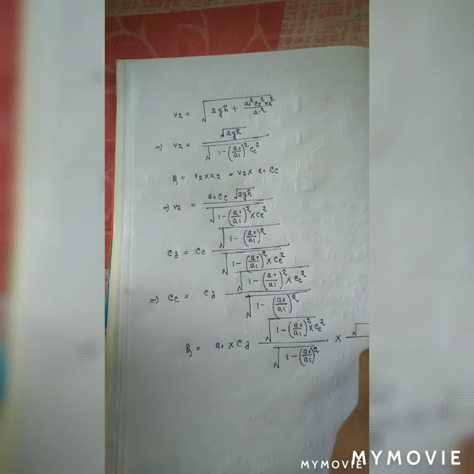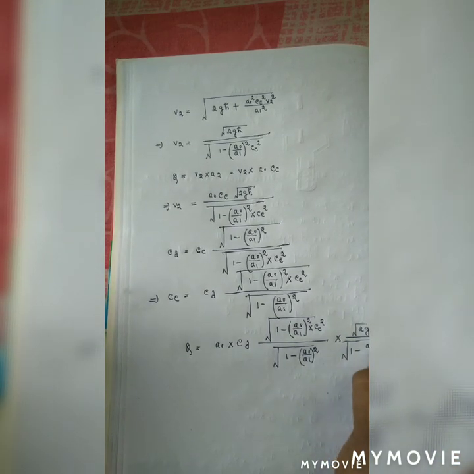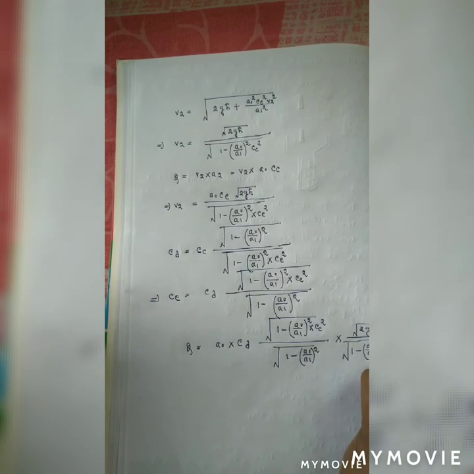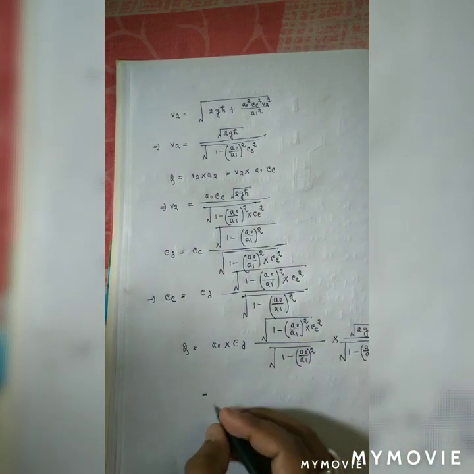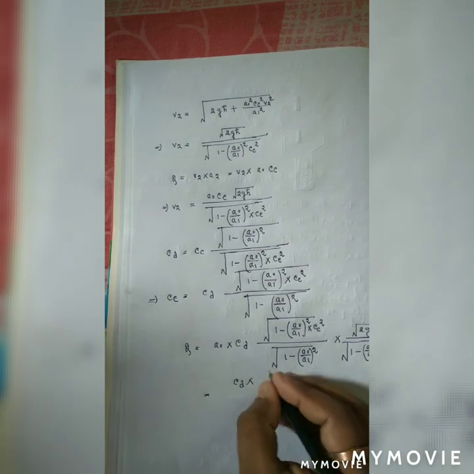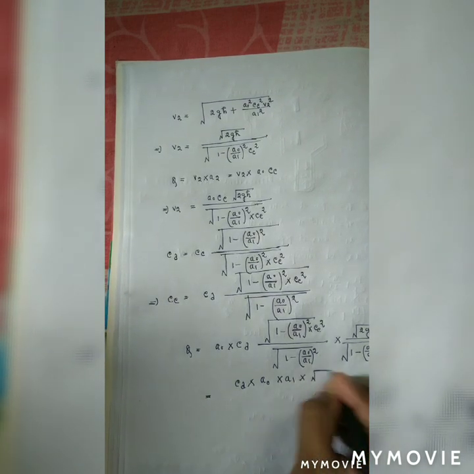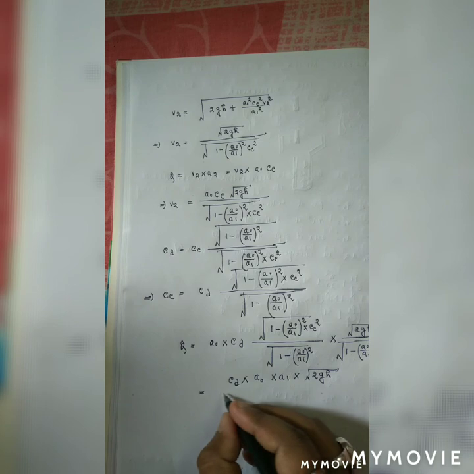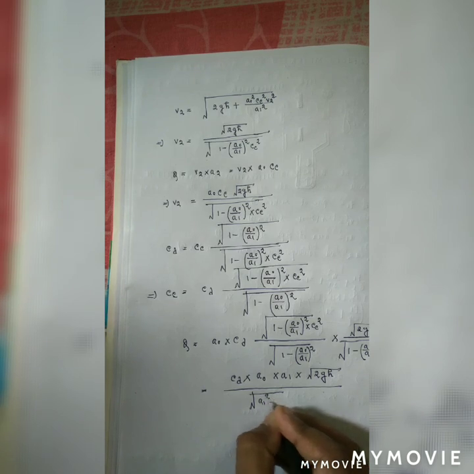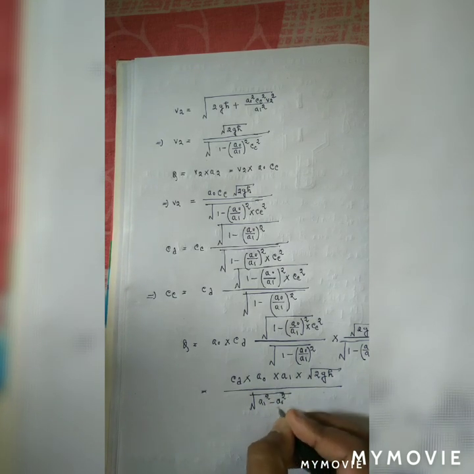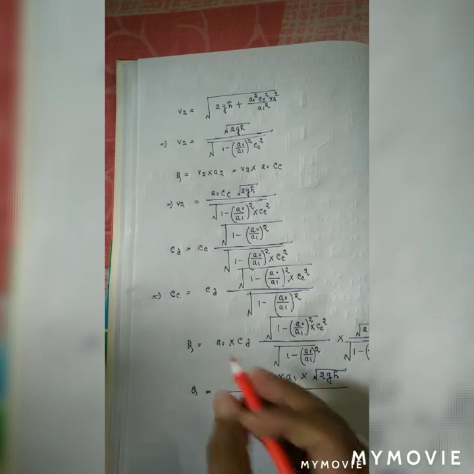So the final equation looks like Q equal to Cd into A0 A1 into root 2gh divided by root over A1 square minus A0 square.